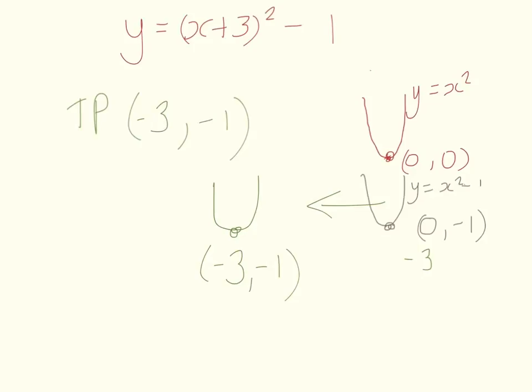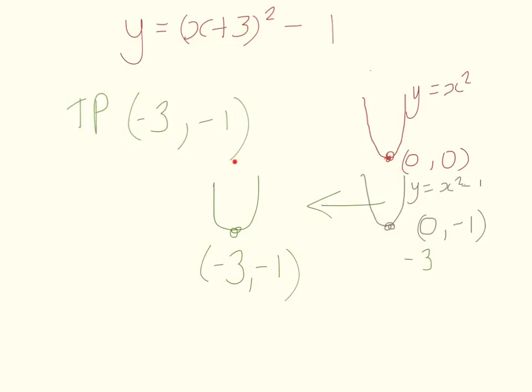One thing to note here as well is that this would be a happy parabola, because if we were to square this bracket and multiply it out, it would be x squared. So it's a happy parabola. If we think about the axis of symmetry, the axis of symmetry occurs along the turning point.